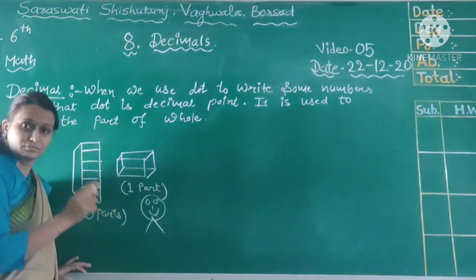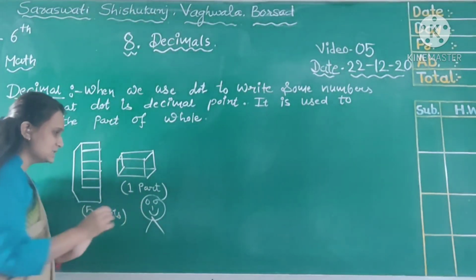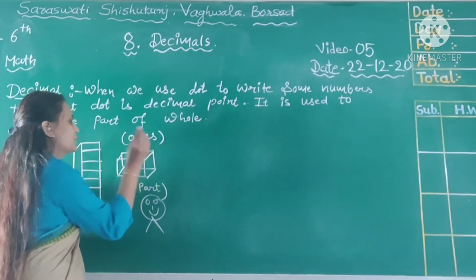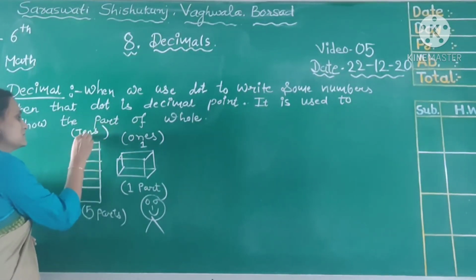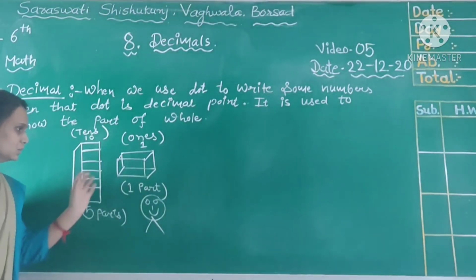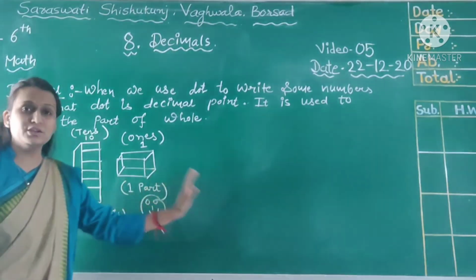See, this is the ones place. We have taken the tens place and this is the ones place. Ones is defined by 1, and this is 10.